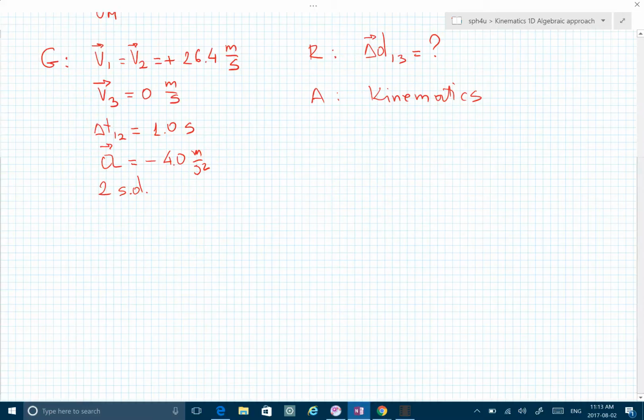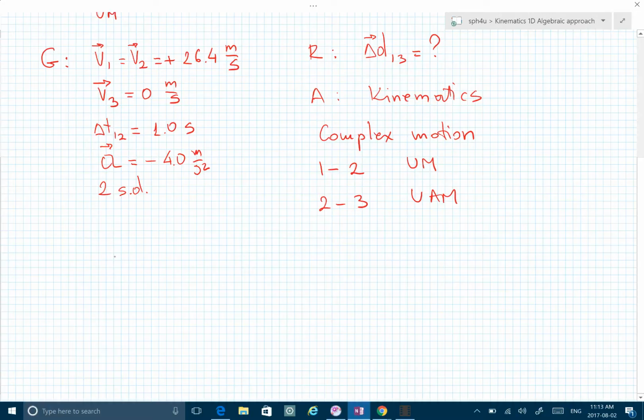All right, so here we go. We start writing the equations. This is a complex motion, so it's not just one type, there are 2. From 1 to 2, we have a uniform motion, very basic and straightforward. From 2 to 3, we have a uniform accelerated motion.